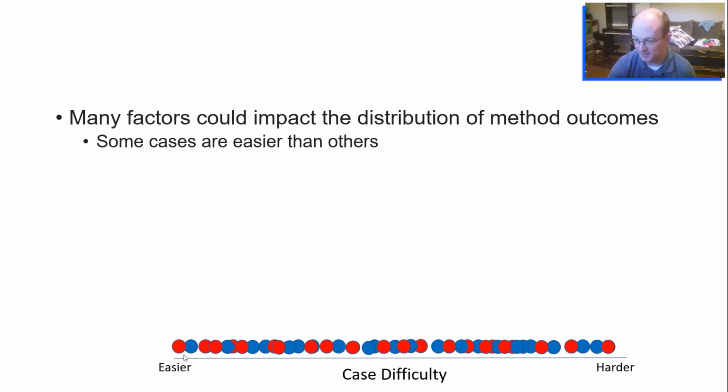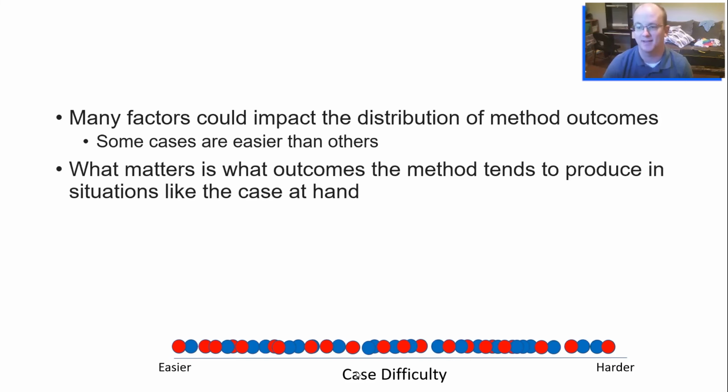So if we have a cartoon example here, maybe the reds are representing HP true situations and blue are representing HD true, but that's not the only difference that affects the output of the system. There's also some notion of something like a case difficulty. And what matters is not the average across this full spectrum, but if this purple dot is representing the current case, we would be most interested in what is the behavior of the method in situations just like this.